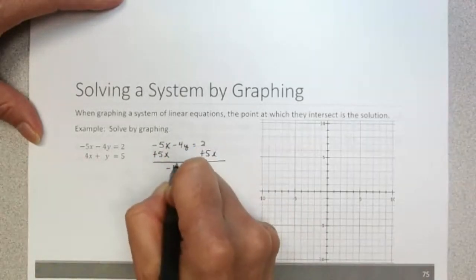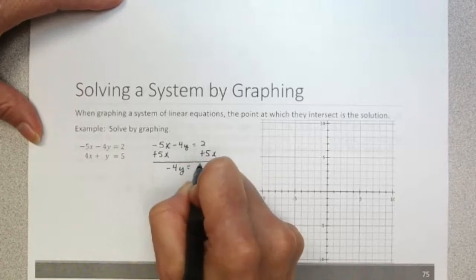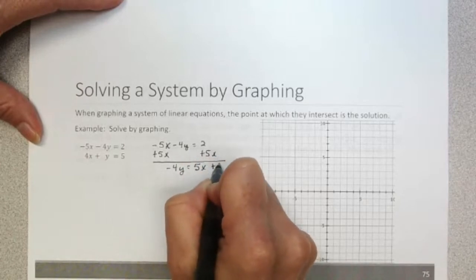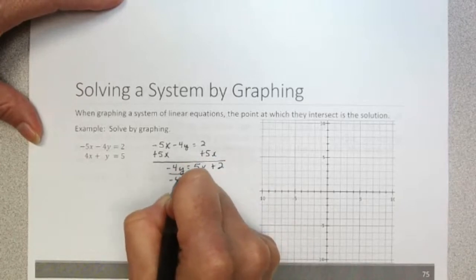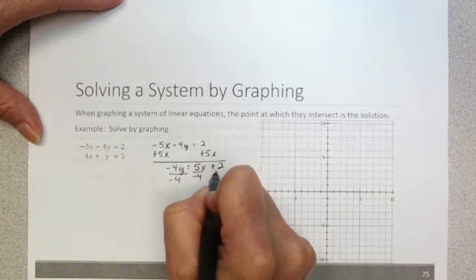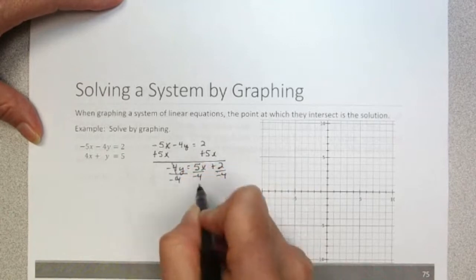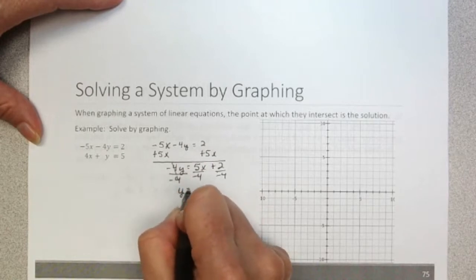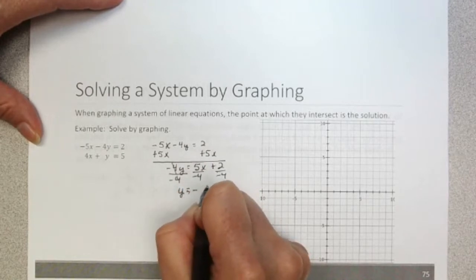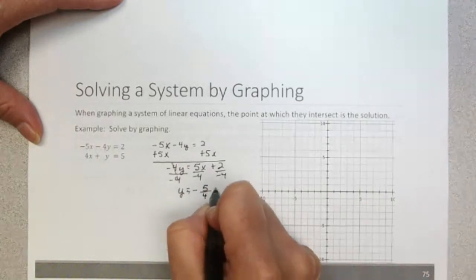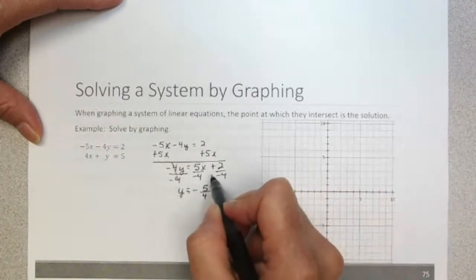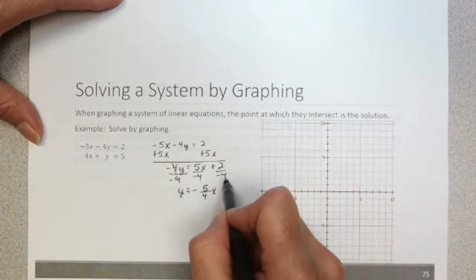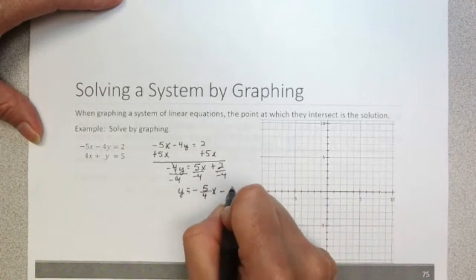So then I have negative 4y is equal to 5x plus 2. And then I'll divide everything by negative 4. So solved for y, this equation becomes y equals negative 5/4 x, and then plus negative 2/4, that reduces to 1/2, so minus 1/2.